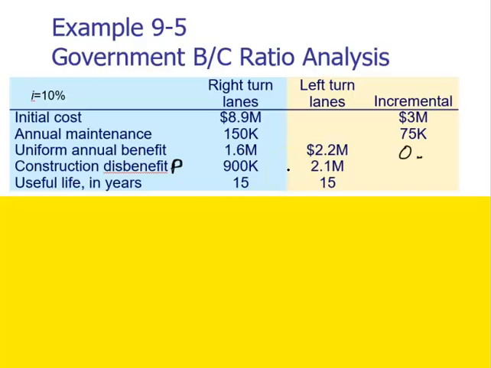And let me put it for you here, 0.6 million, and for this one it would be 1.2 million. And the incremental, and it is 15 years. Okay. So go ahead and do the calculation and come up with the advice that you are pro right turn lanes or left turn lanes. Stop the video.